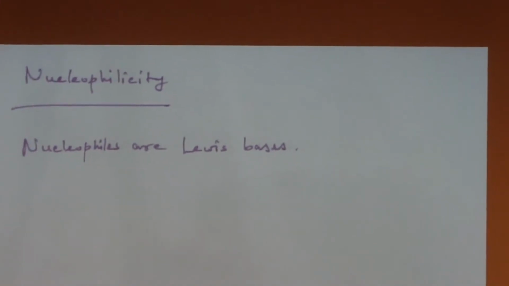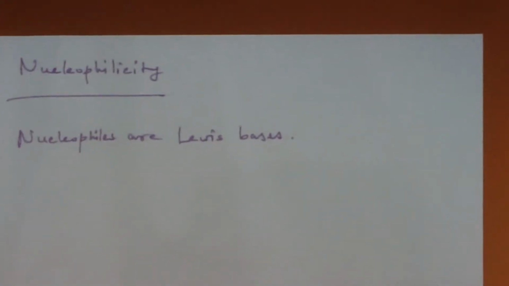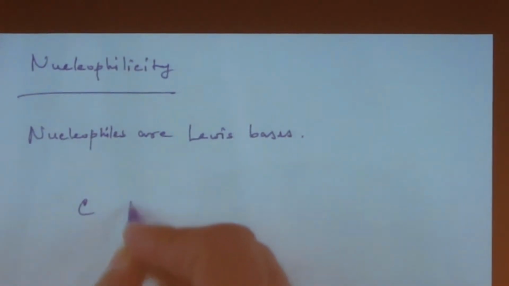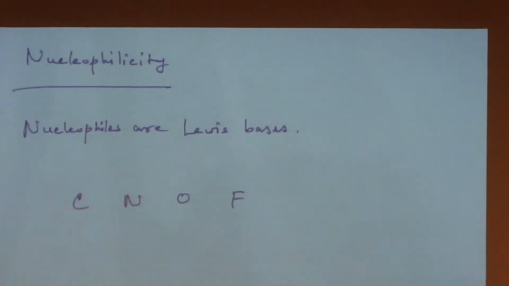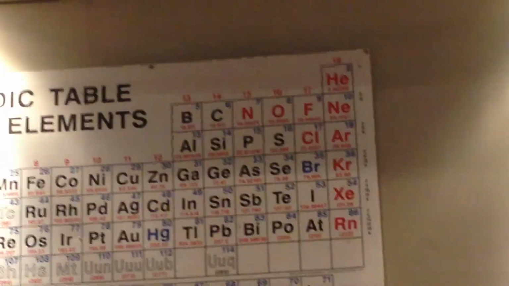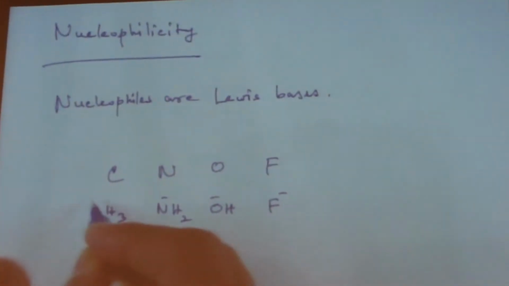One would be looking at the periodic table. So let me start with the periodic table and write carbon, nitrogen, oxygen, fluorine. Okay, so same row. When we look at that, then we can come up with some of the nucleophiles involving each of these elements. Okay, so let's say you have F minus versus OH minus, NH2 minus, and CH3 minus.